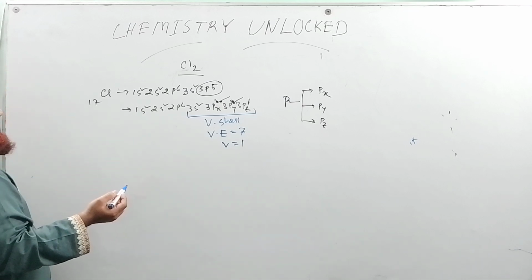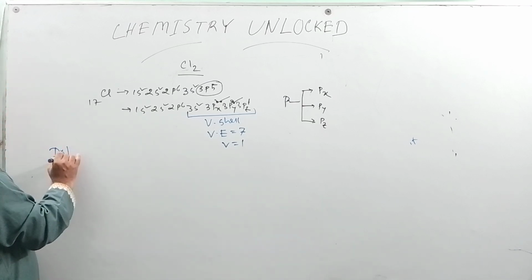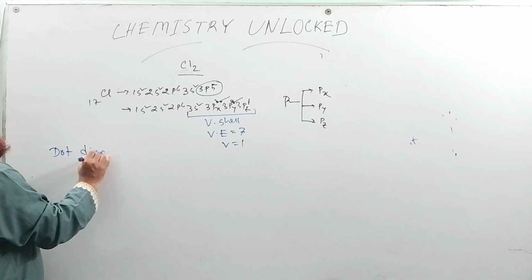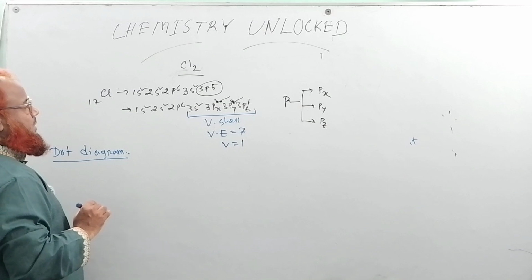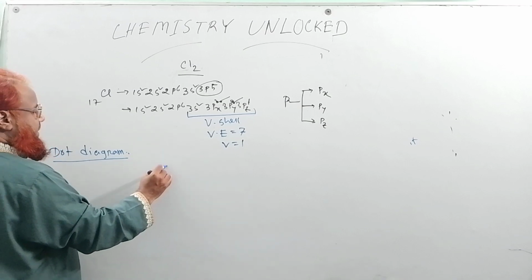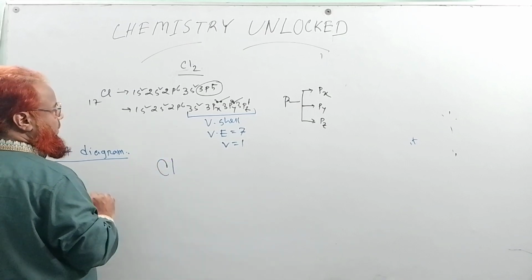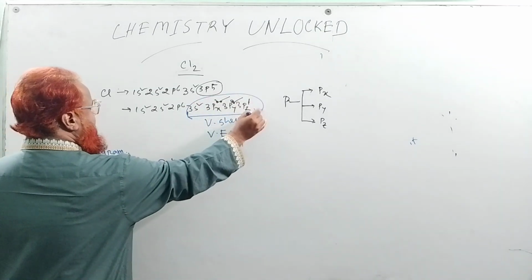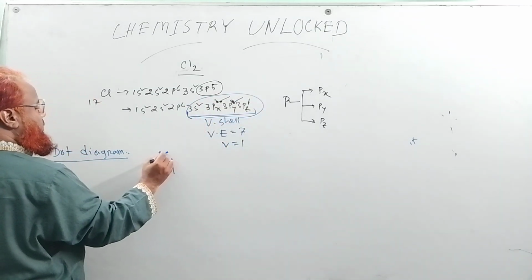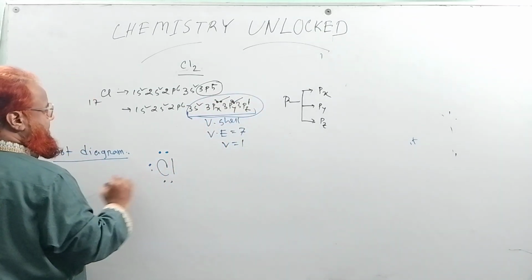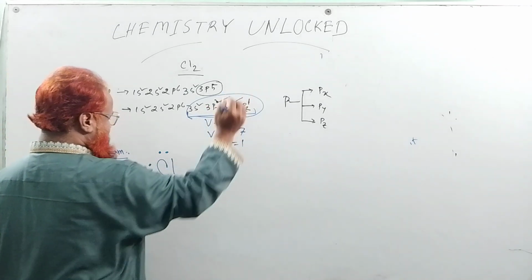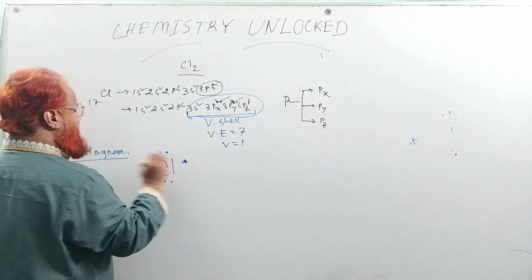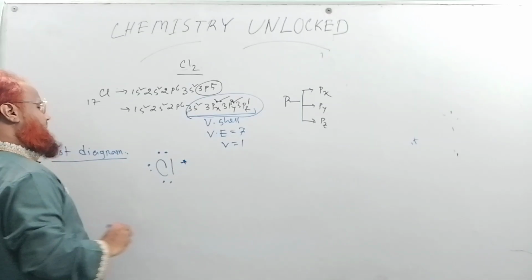Now we have to draw the diagrams, that is the dot diagram and the orbit diagram. First is the dot diagram, chlorine. Total electron number is 7: 2, 4, 6 and it is 1, like this, with a star mark for this unpaired electron.